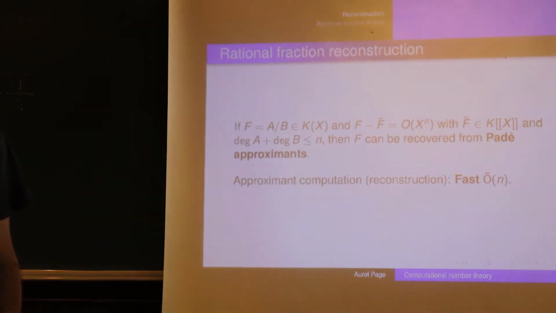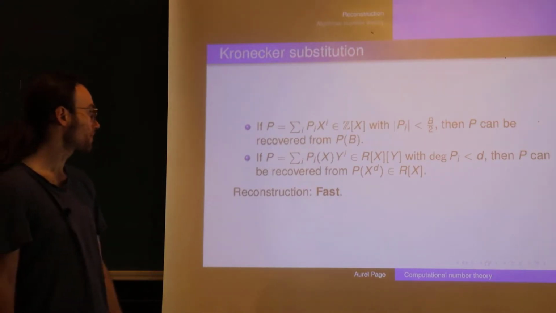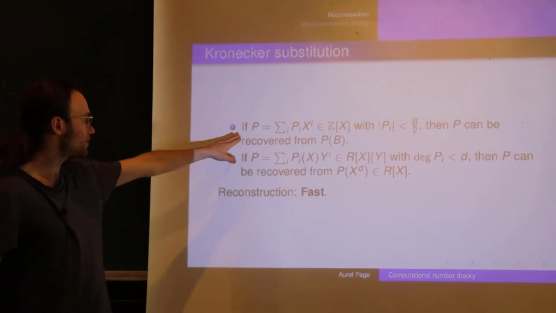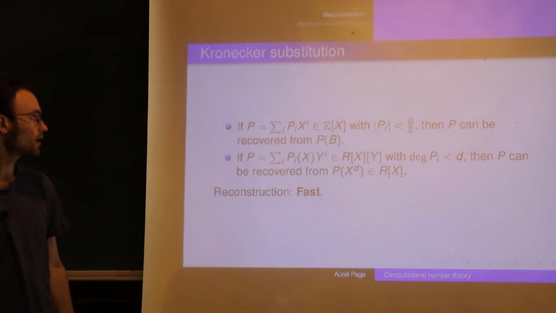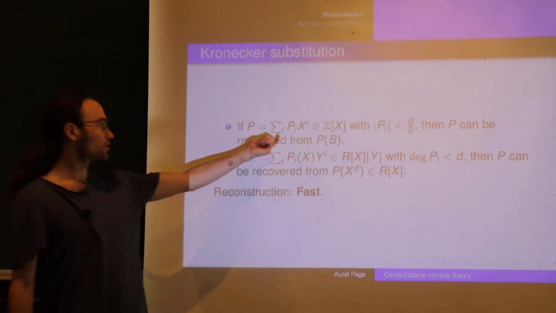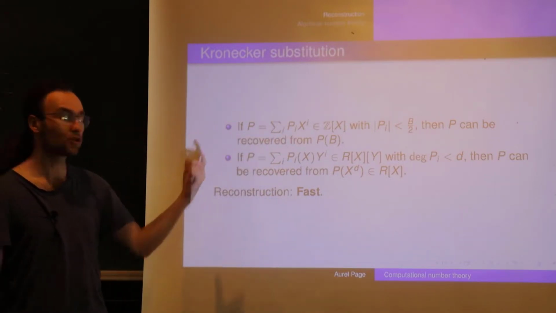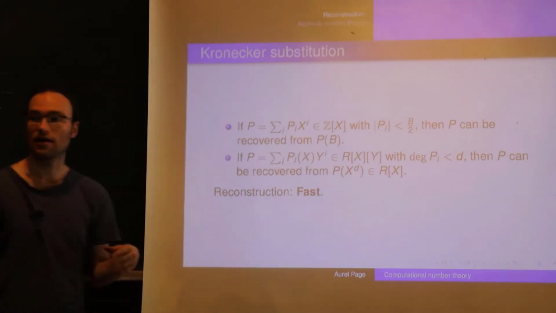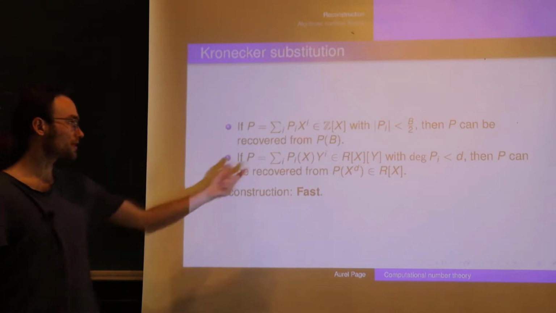Okay, and the final type of reconstruction I want to mention is Kronecker substitution. So it works like this. For, say, polynomials with integer coefficients, if you know a bound on the size of the coefficients, you can evaluate the polynomial at a large enough integer, call it b here, and the polynomial can be recovered completely just from this evaluation.